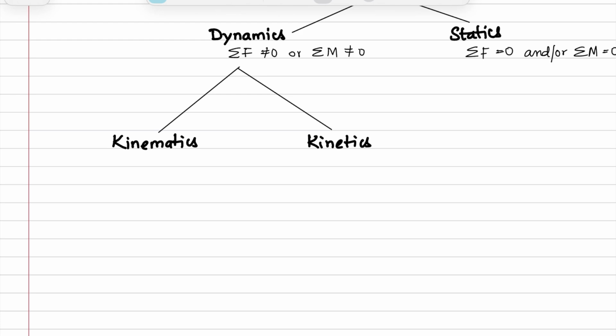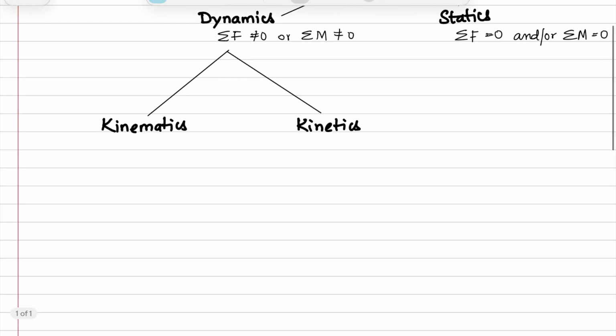So kinematics is what relates to the study of motion, where you're not really caring about the forces and moments. You're only looking at how the position, the velocity, the acceleration change. So it's like the geometry of motion.